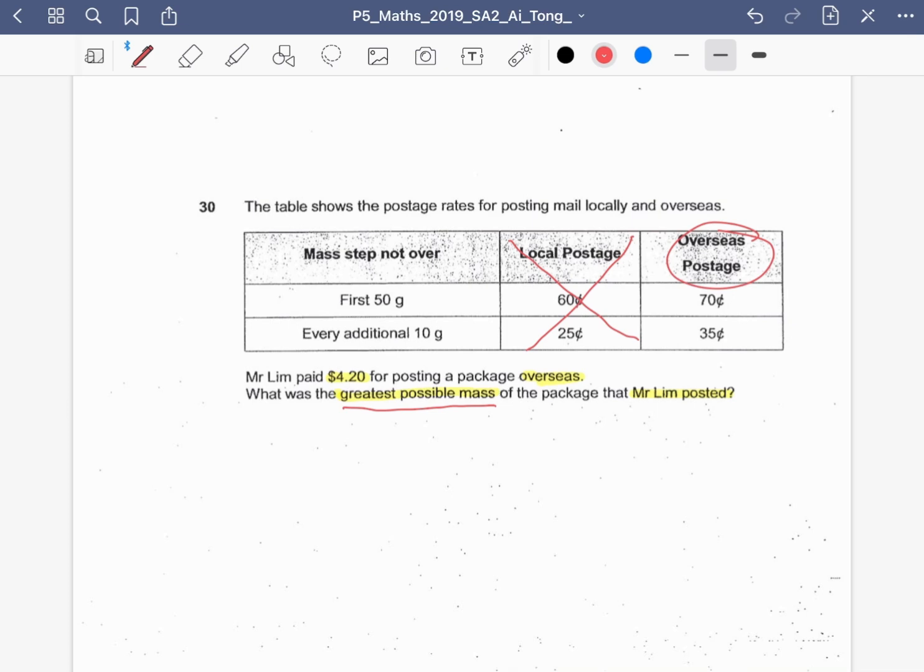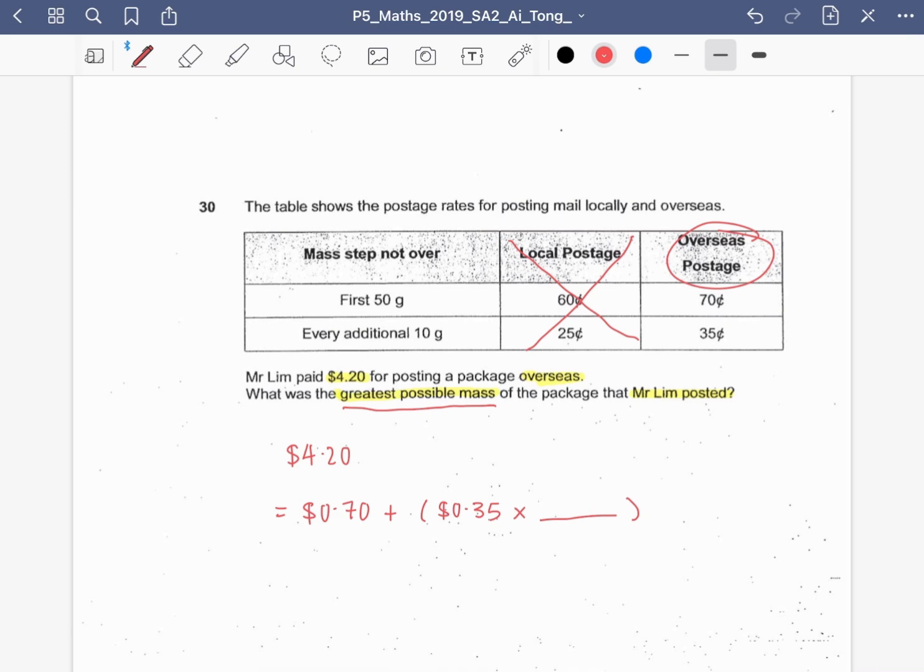Okay, $4.20. So the first 50 grams he has to pay. Okay, and then there is an extra. Every additional 10 grams is an extra 35 cents. But we don't know how much extra is that.